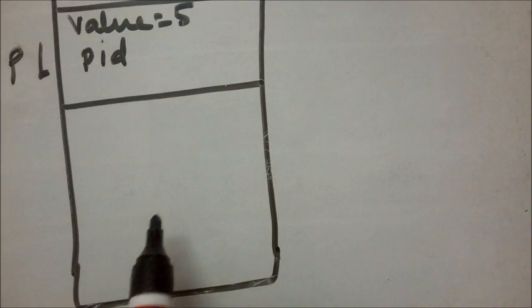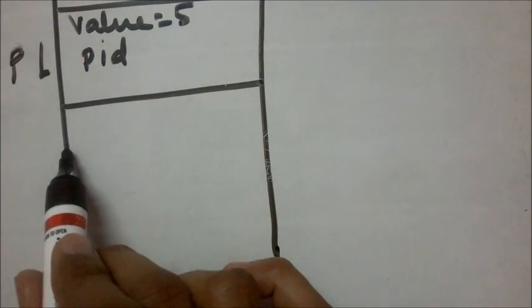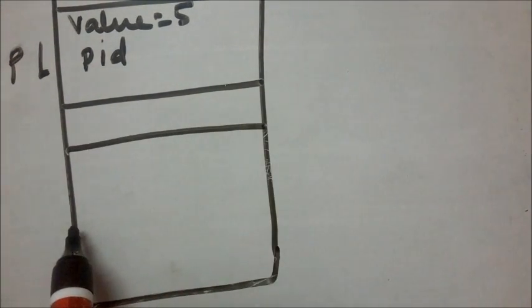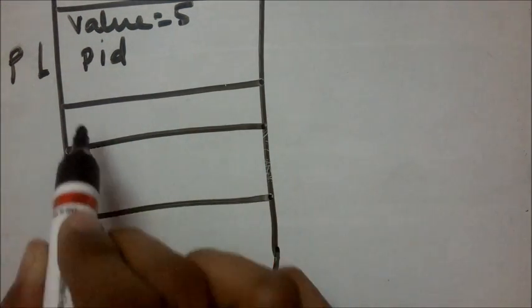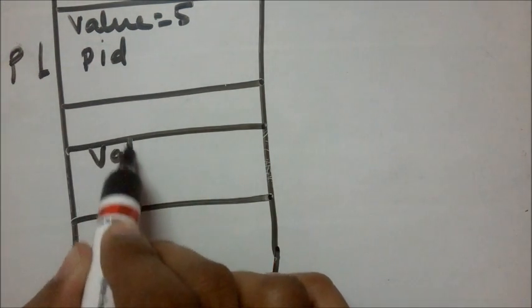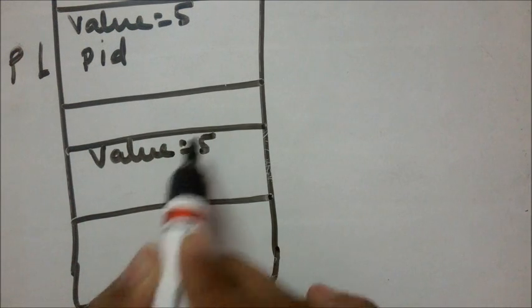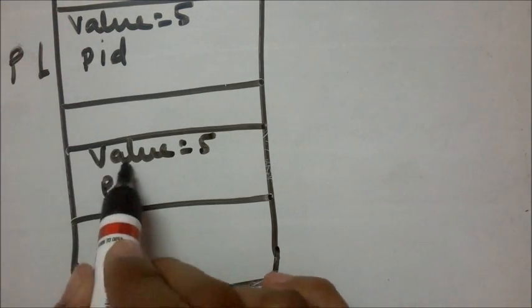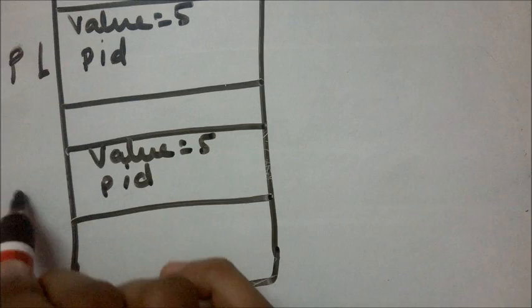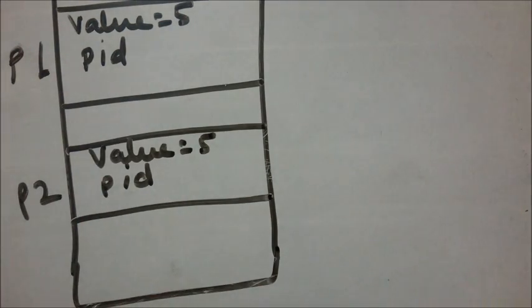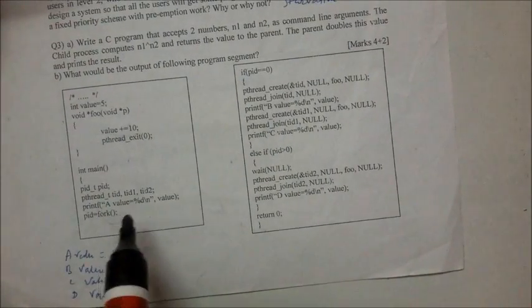When pid equal to fork is done, a new process is created with exactly the same values which the original process P1 is having, right? And say this process is P2, which is newly created.